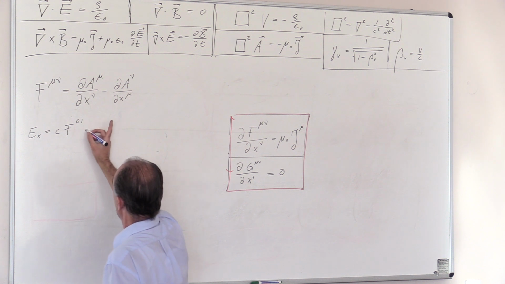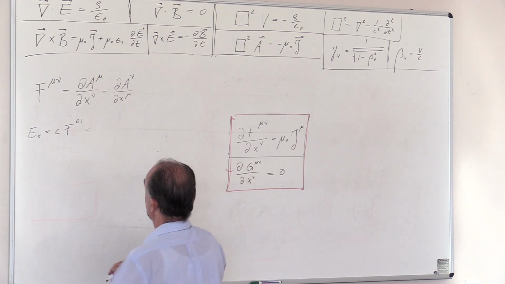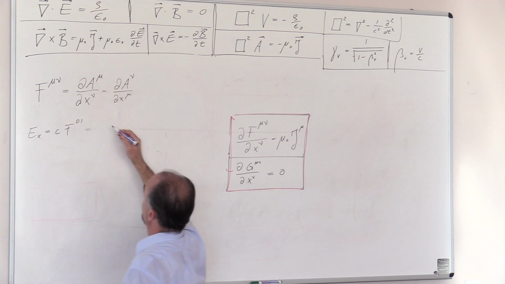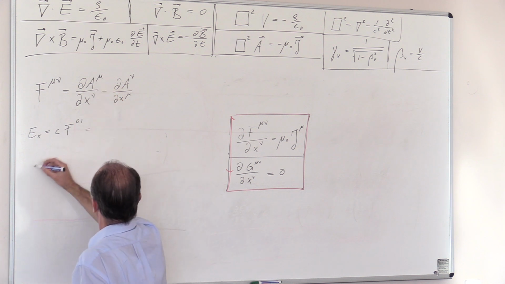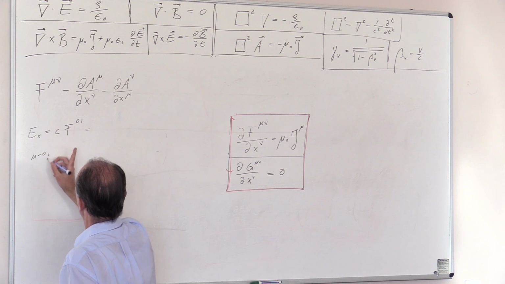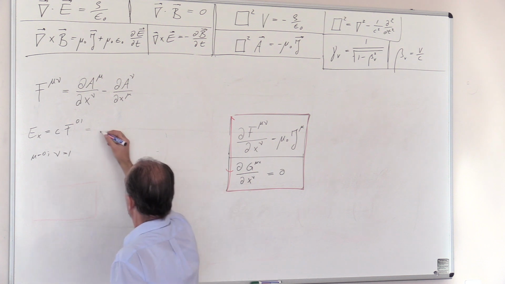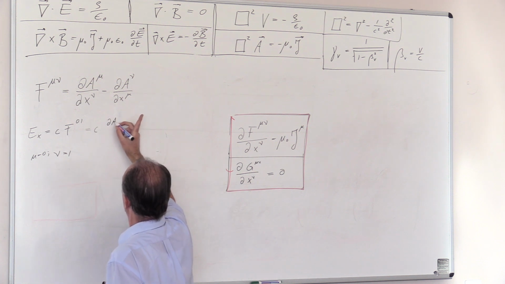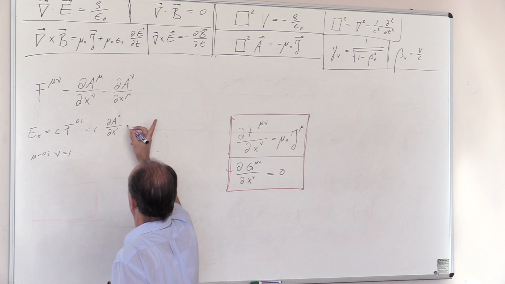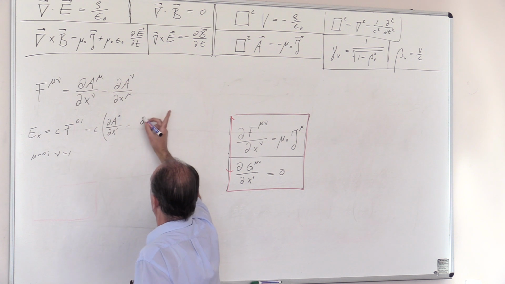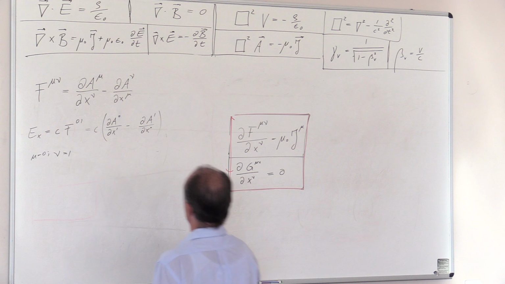If this is true, then with mu equals 0 and nu equals 1, we have c times dA0 over dx1 minus dA1 over dx0.